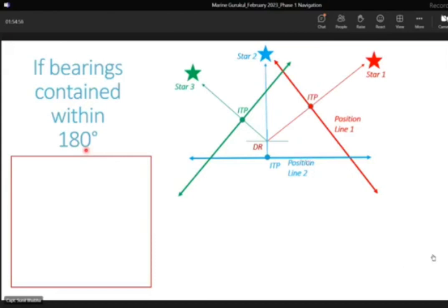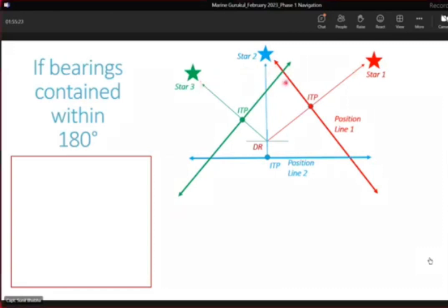Now whenever we have such a scenario where the bearings are contained within 180 degrees, we will always be able to identify one particular star which lies in between the other two stars. Like in this example, we see the red color star, the blue star, and the green star.